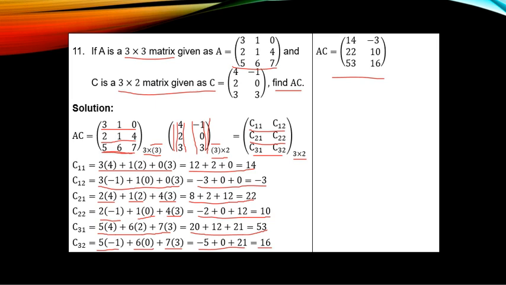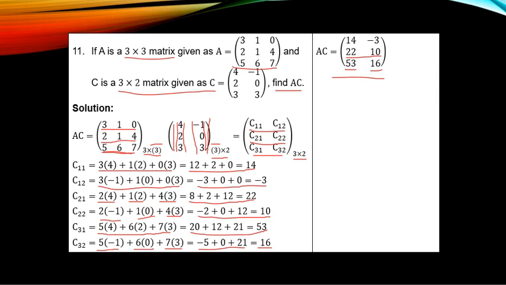So C11 is 14, followed by minus 3. Then C21 is 22, C22 is 10. The element in the third row first column, C31, is 53, while the element in the third row second column is 16.